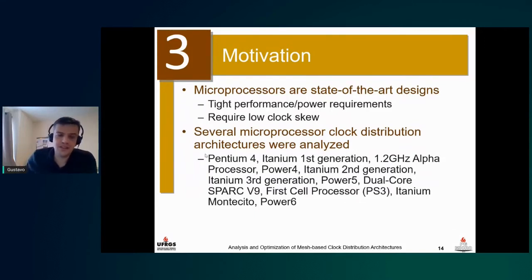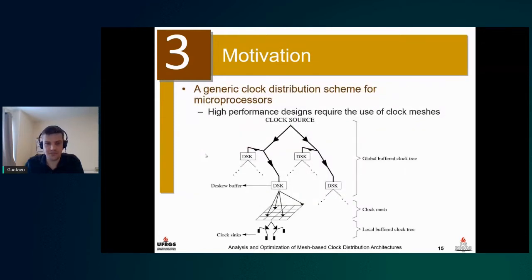Okay. So clock meshes are usually used inside very high performance designs such as microprocessors. They have very tight performance requirements, and therefore they require low skew. In the literature, there are multiple processors that use clock meshes, and if you look for those papers, you will see what architecture they are using and how the clock meshes are being used. So usually the distribution follows what I just described a couple of slides back.